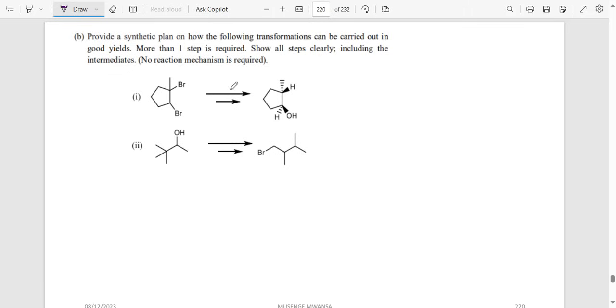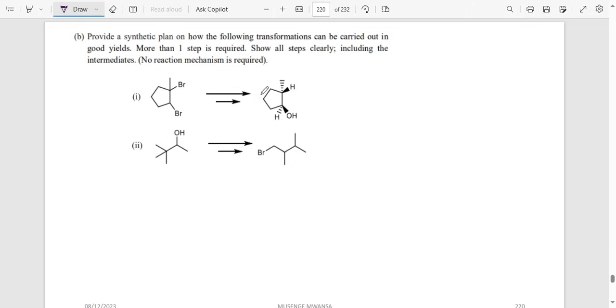But in case it comes with a mechanism, look at, we are starting with this compound, and then we want to end up with this compound. So what did we have initially? We had Br. So we have got a compound that has got two bromines.